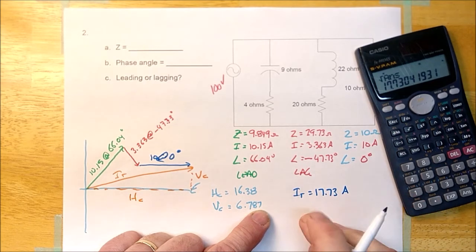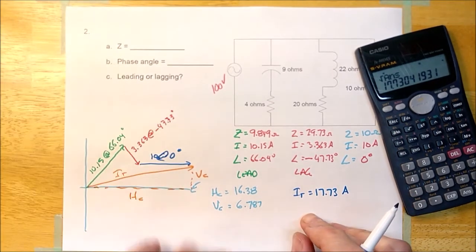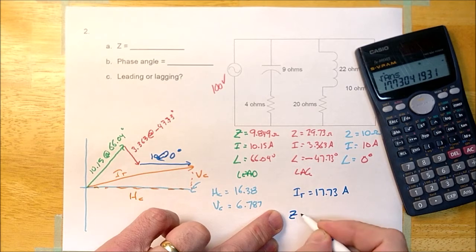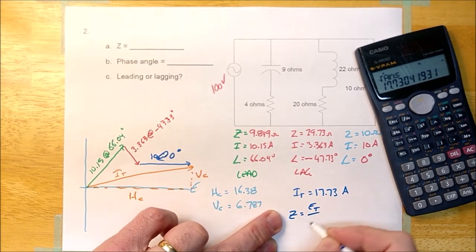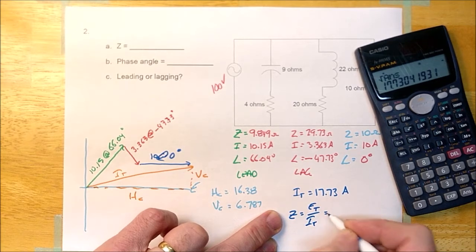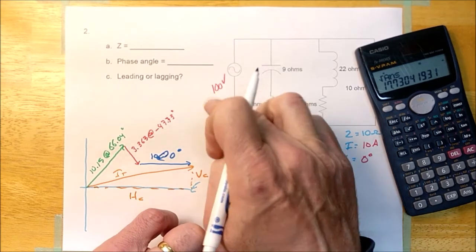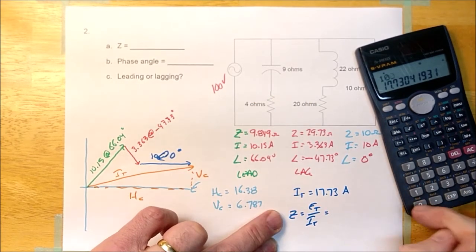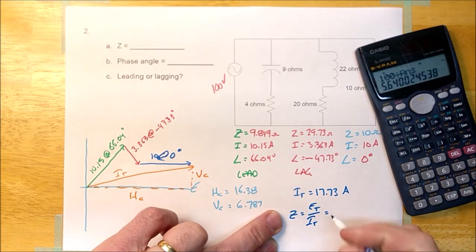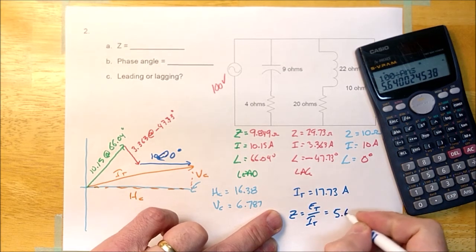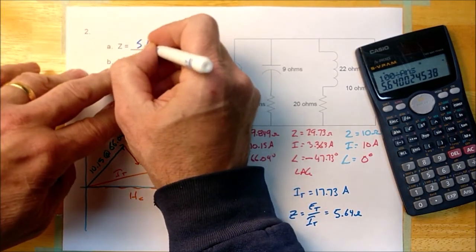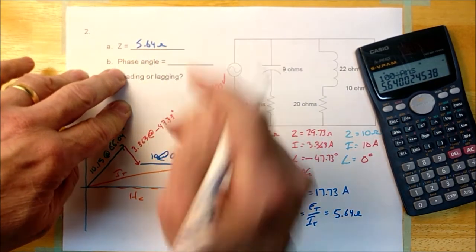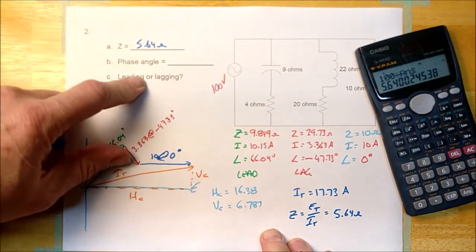Okay, now we haven't solved anything yet, but now I can calculate Z. It's going to be E over I. E total over I total, and we just calculated I total, and the E total is 100, so it's going to be 100 divided by answer, 5.64 ohms, okay? 5.64 ohms. Phase angle, guys.